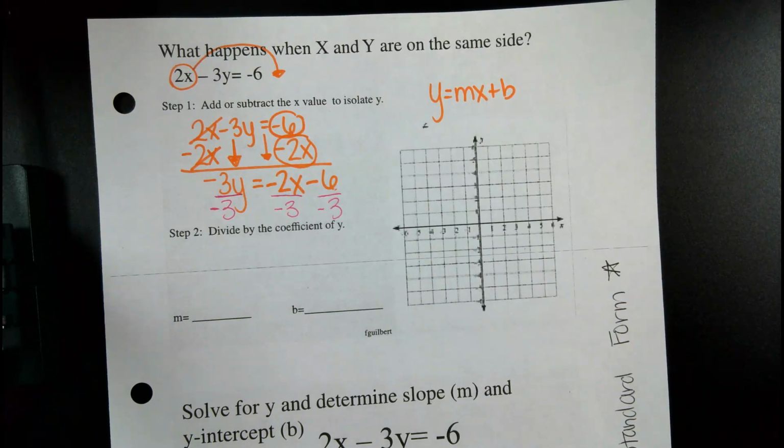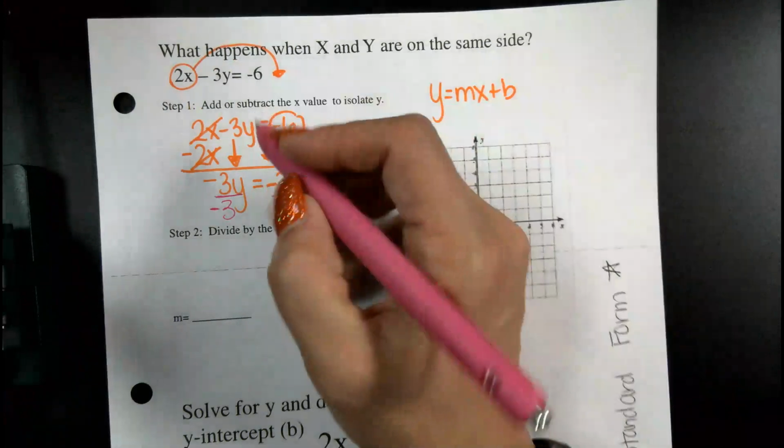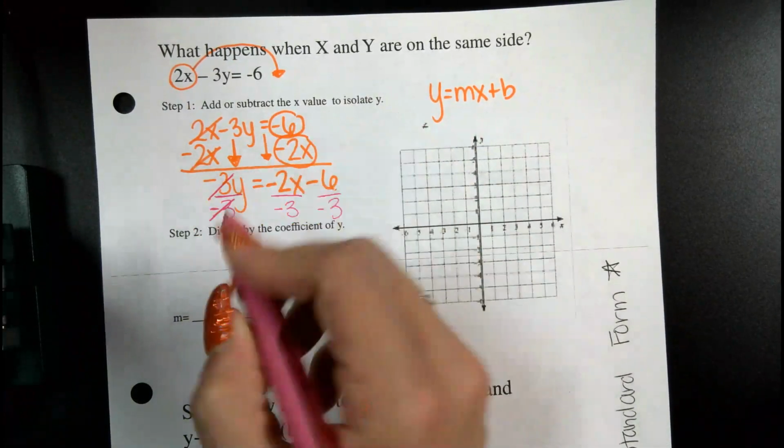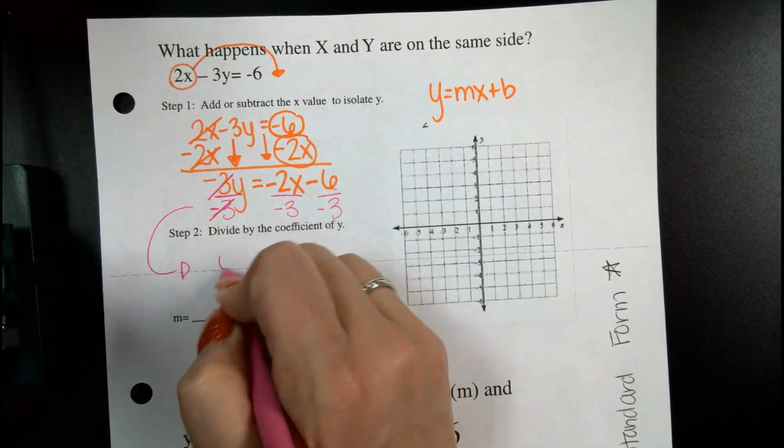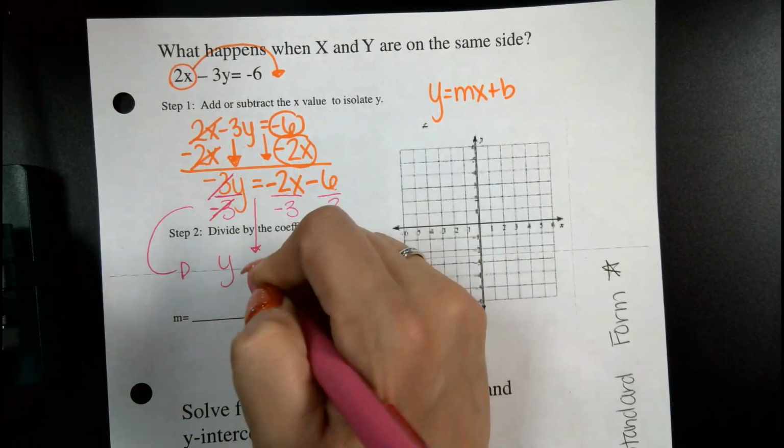So that is 1. It'd be 2 rather than -6 divided by -3. Okay, so these 2 cancel each other out, leaving y. I'm going to bring down my equal sign.